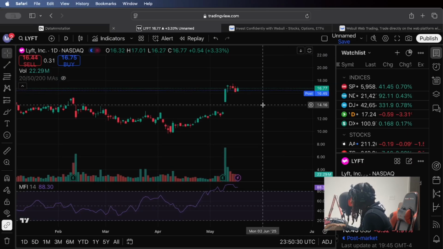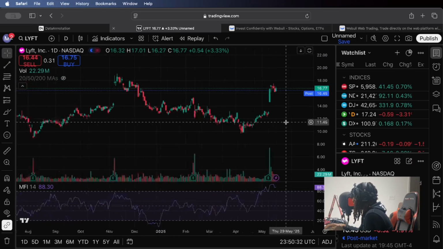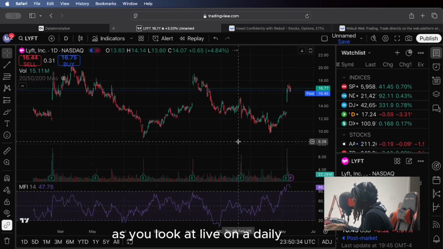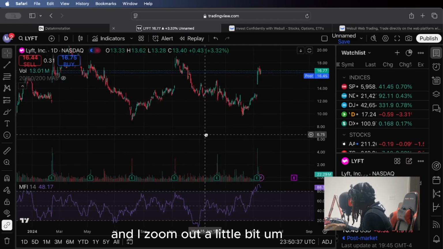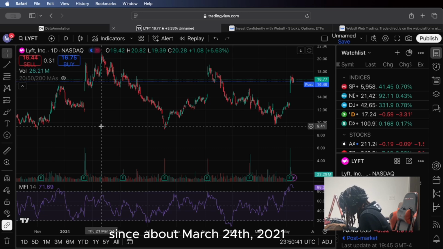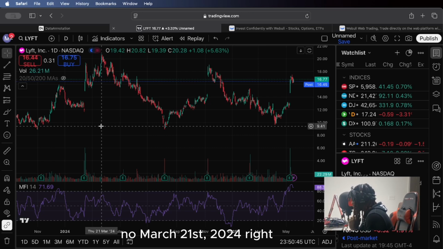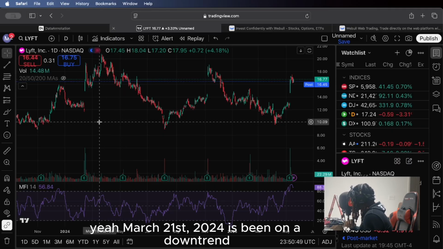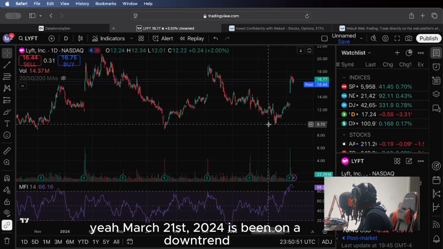As you look at Lyft on a daily, and I zoom out a little bit, since March 21st, 2024, it's been on a downtrend.